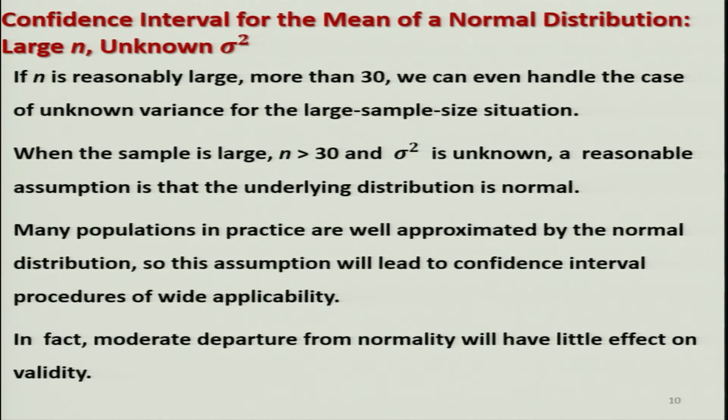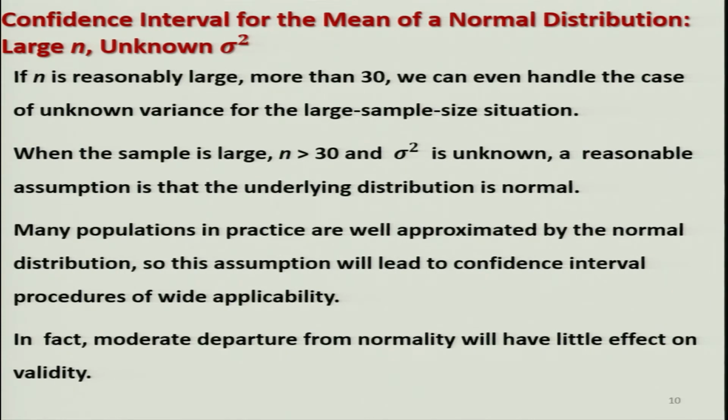In this case, suppose there is a condition that your sample size is more than 30 and sigma square is unknown. Do you remember that we had a good discussion in understanding that when the degrees of freedom in the t distribution become more than 30, then the curve of the t distribution and the curve of the normal distribution become almost the same.